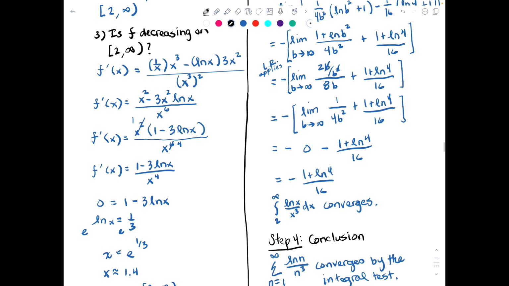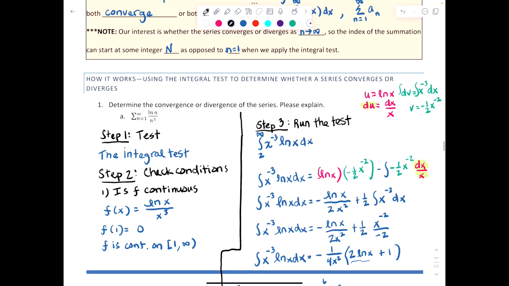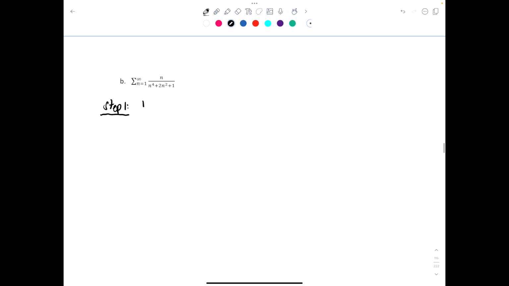You name your test, and our test is the integral test that we're using. And step 2, conditions.